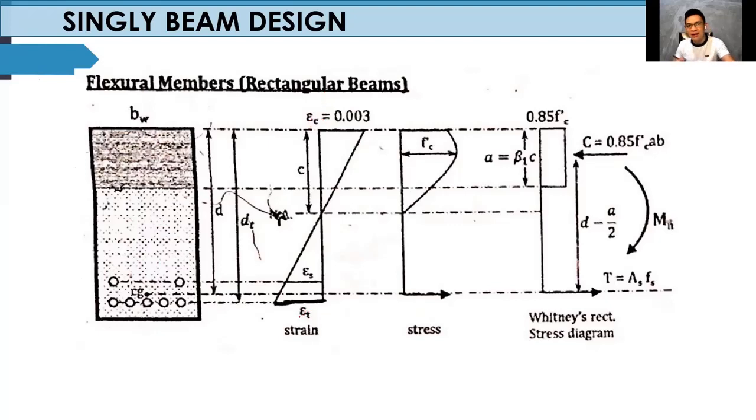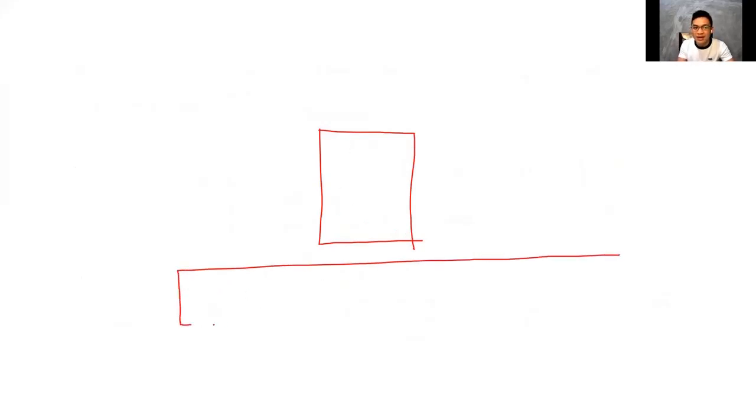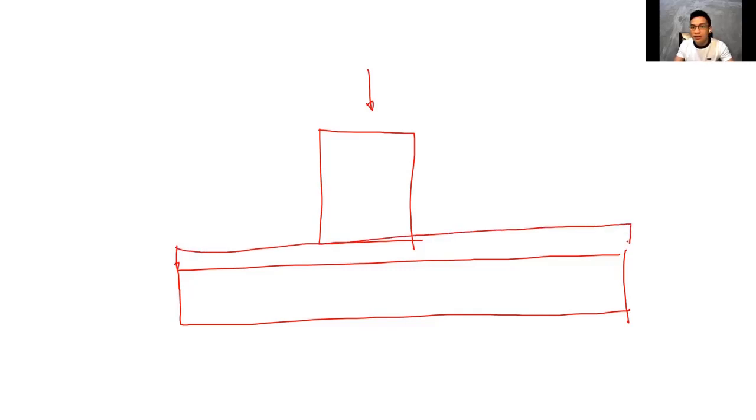So pag-usapan natin yan. Bakit sir sa itaas is compression, sa baba is tension? So for example, class, we have our beam. Ayan, then this is our cross-sectional view. Then this is our side view. So class, if you have a concentrated load, for example, may nakapatong na live load and then its self-load or dead load.